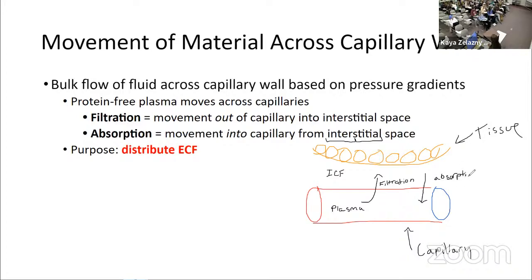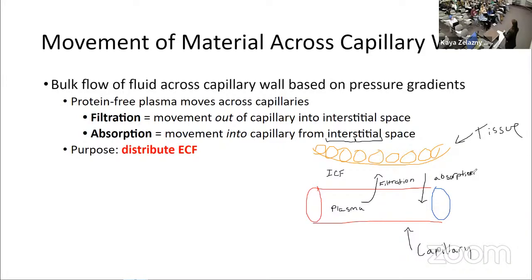So fundamentally, what we're going to be thinking about as we think about exchange of fluid across capillaries is, overall, so on net, that's where the net from net filtration pressure comes from, are we going to have more filtration, so movement towards the interstitial space?